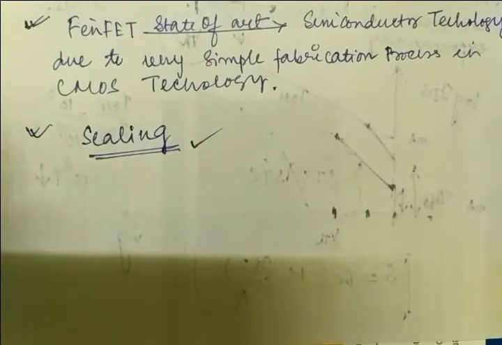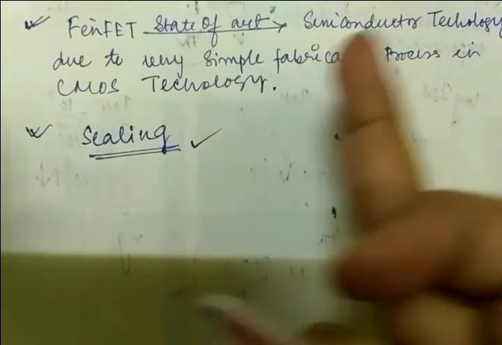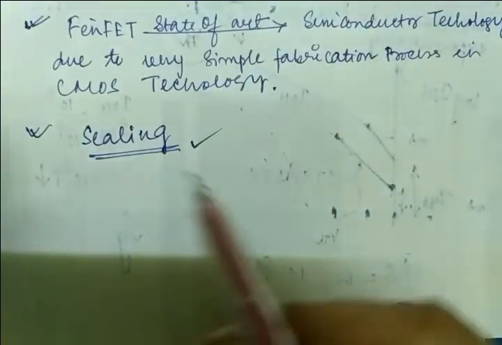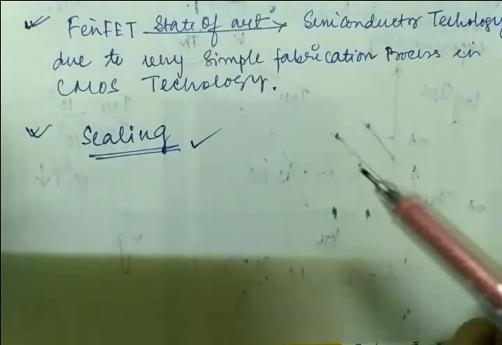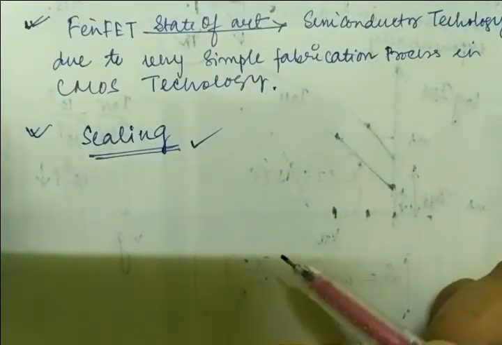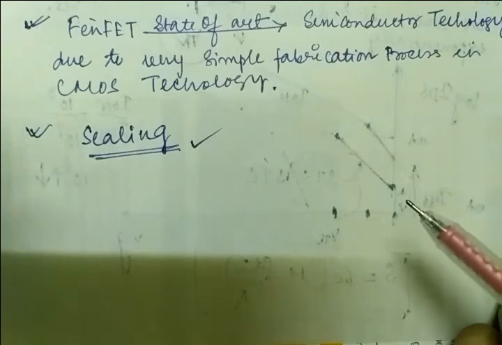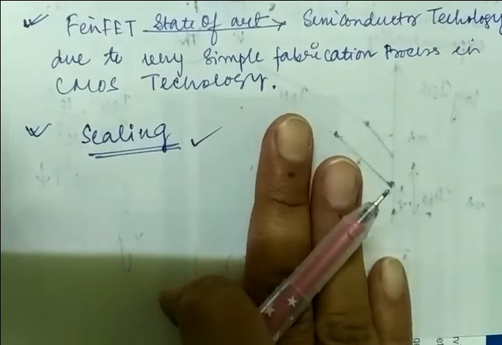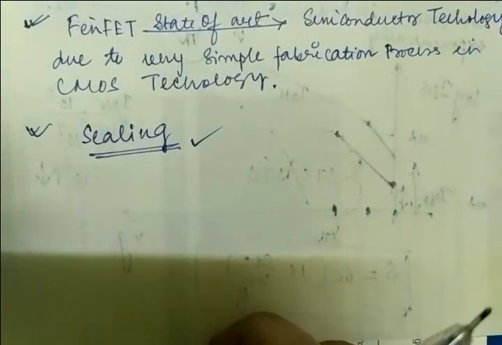Okay, so to design our devices with reduced leakage and minimum delay at the same time requires the scaling of operating voltage as well as gate sizing. All of these are expected from this FinFET.